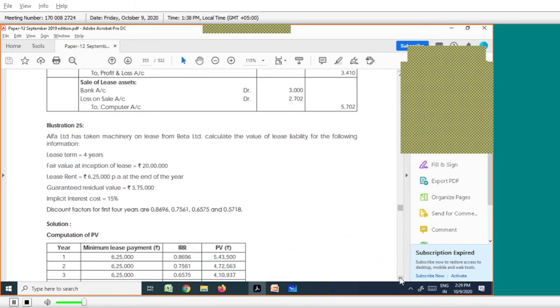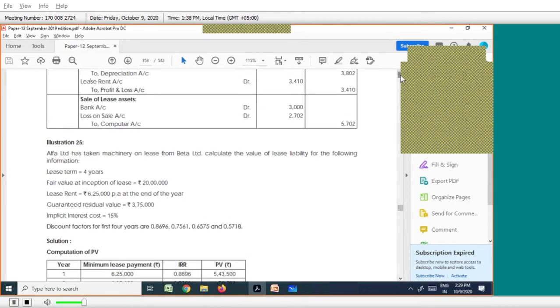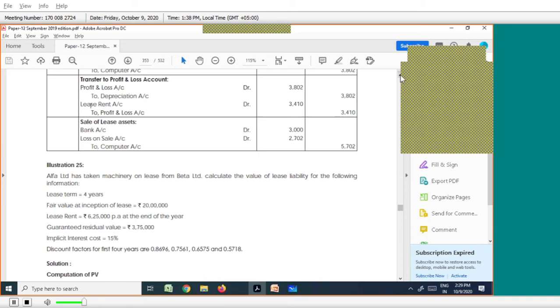So illustration 25, please go through the question.